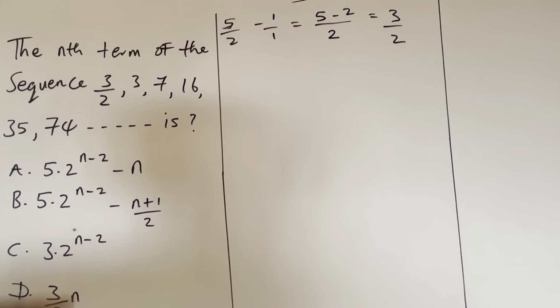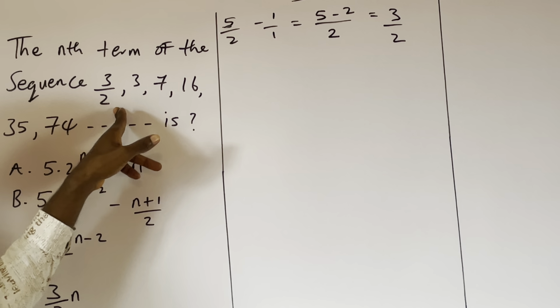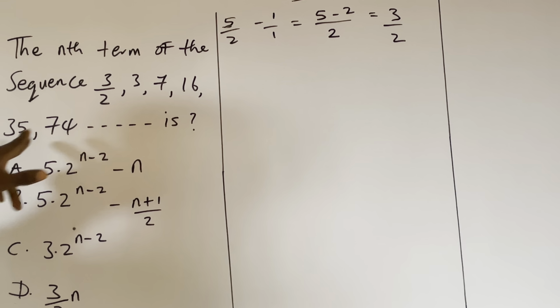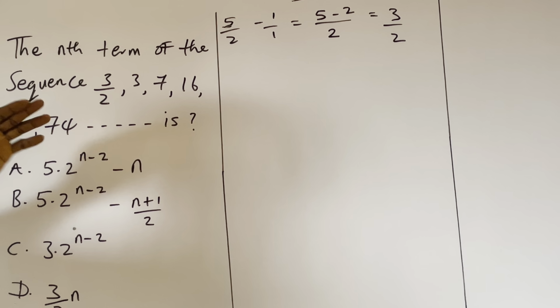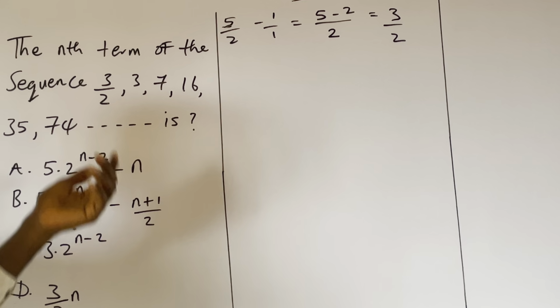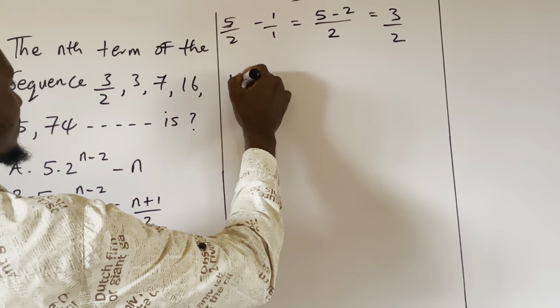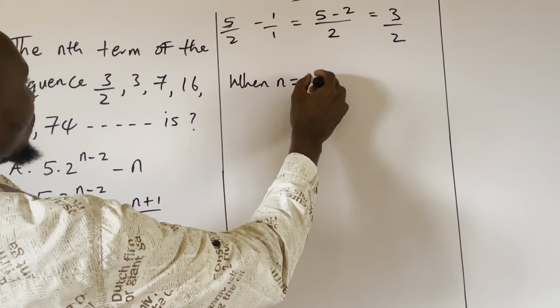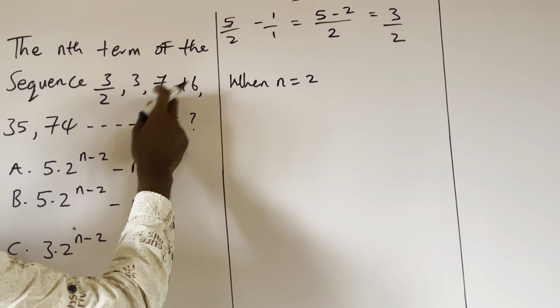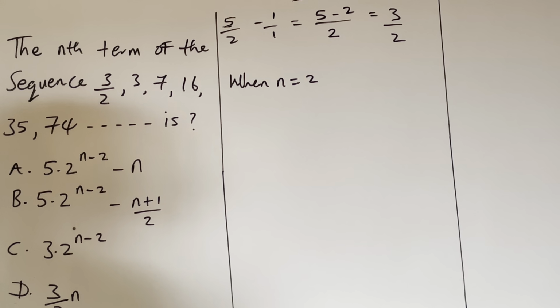Do you observe that we've gotten this first one? If everything using option A gives us everything here, that means this is correct. So now, when n is equal to 2, because this is 1, 2, 3, 4, 5, 6, we'll do it up to n equal to 6.